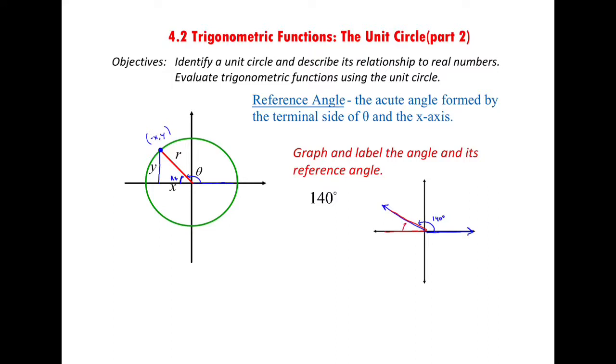What does this angle represent? Well, if we know this is 180 degrees, then you can take 180 degrees and subtract 140 degrees to get 40 degrees as the reference angle. So from the negative x-axis to the terminal side, this represents 40 degrees, the reference angle for 140 degrees.